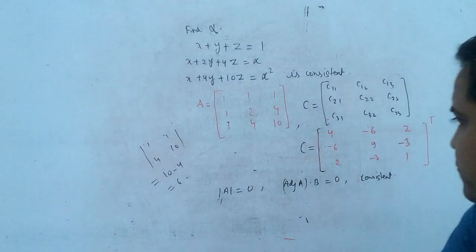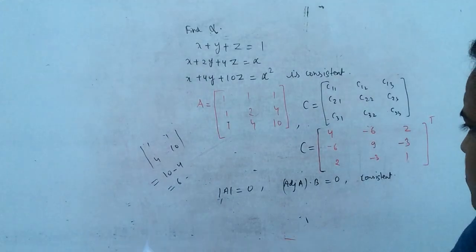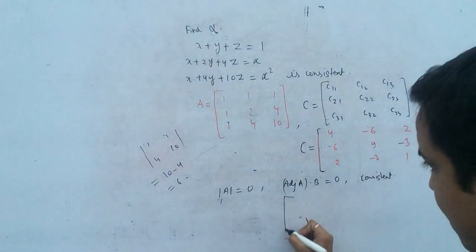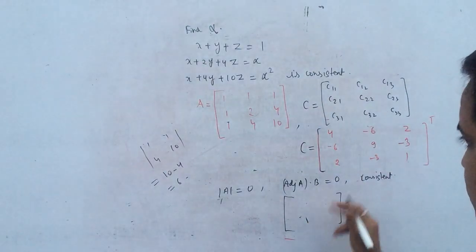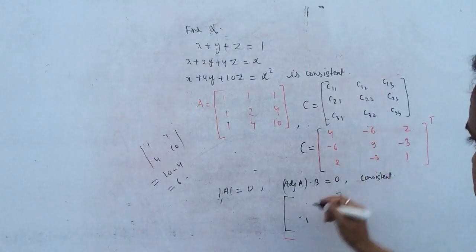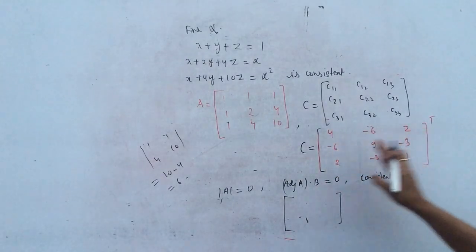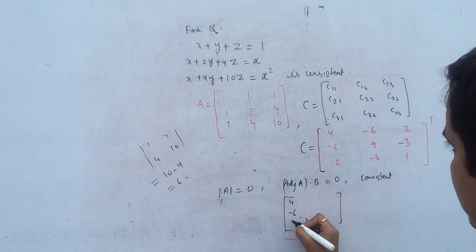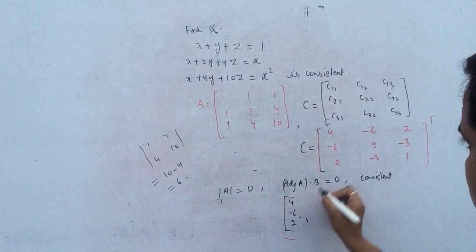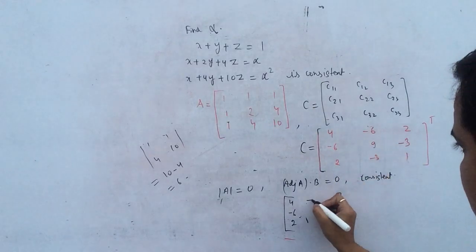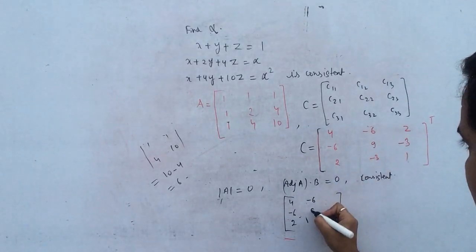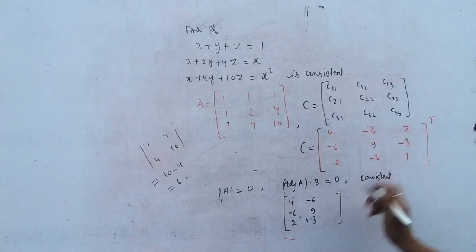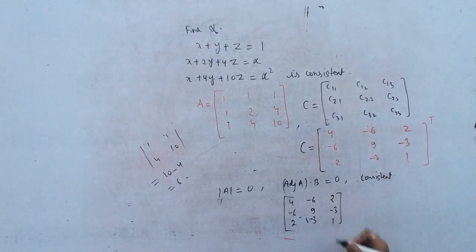The adjoint is actually the transpose of the cofactor. When you transpose, the first row becomes the first column, so it is the same. 4, minus 6, 2; minus 6, 9, minus 3; 2, minus 3, 1. Same value.